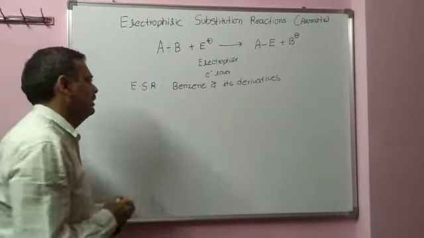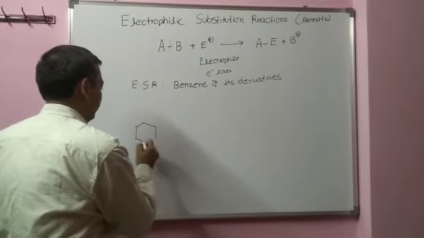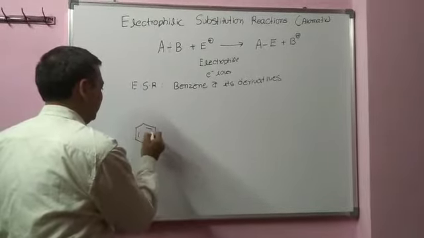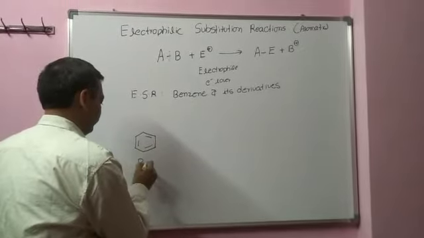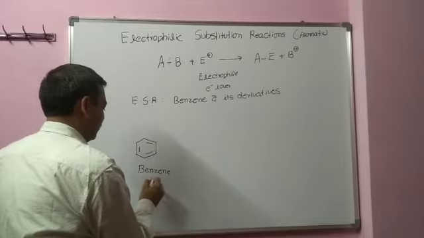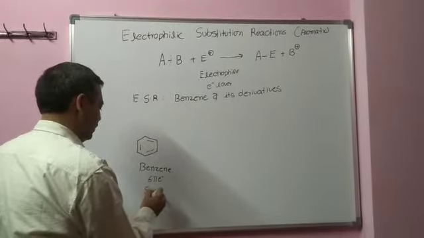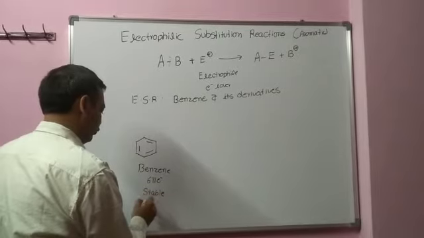Let us start with benzene. So this is benzene. It contains 6 pi electrons. It is a stable compound, and it is electron rich. It's a nucleophile.